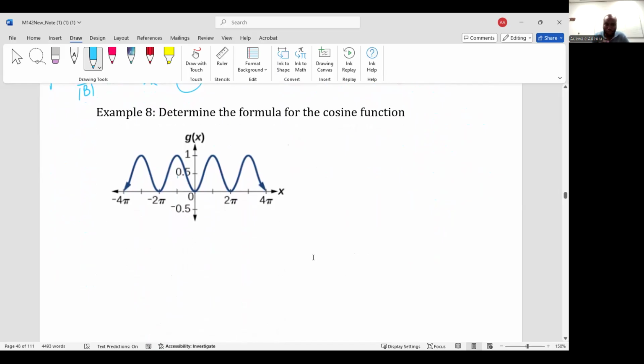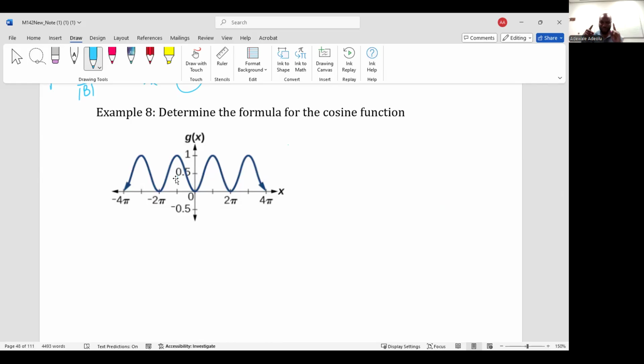The next thing we want to study now is how to determine the formula for a sinusoidal function when we have the graph. When we have the graph, we want to determine the formula for the function. How do we go about this? Again, this is not difficult at all.